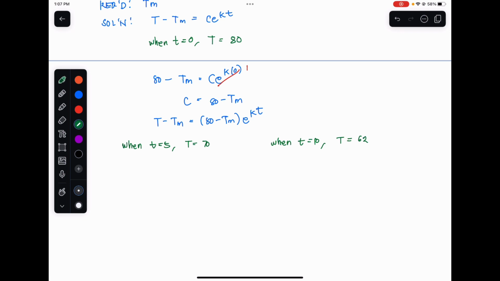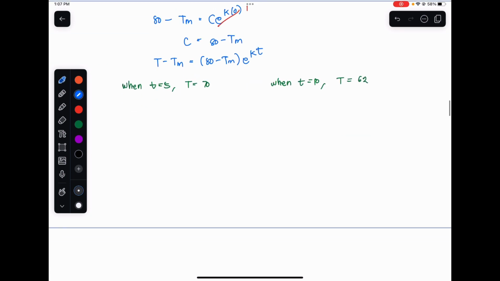Since time and temperature are given, the two variables left are T sub m and k. So we substitute first. When t is 5, T is 70. So 70 minus T sub m is equal to 80 minus T sub m, then e raised to 5k.